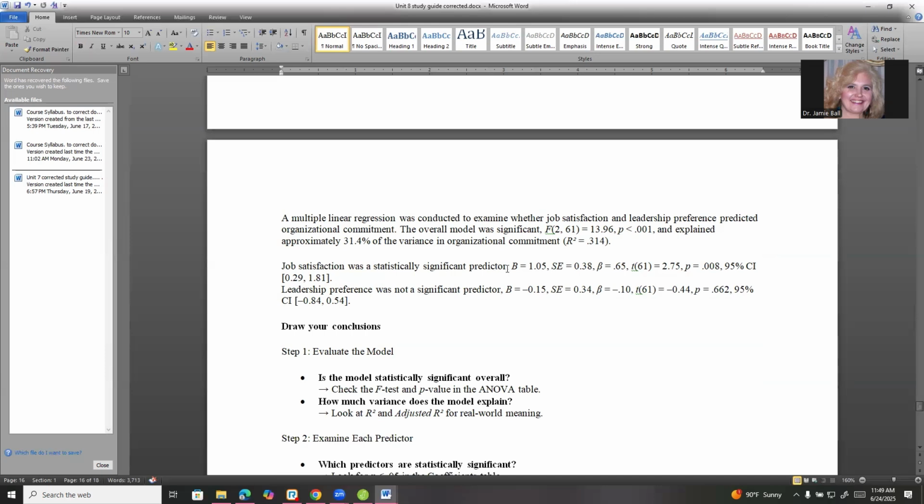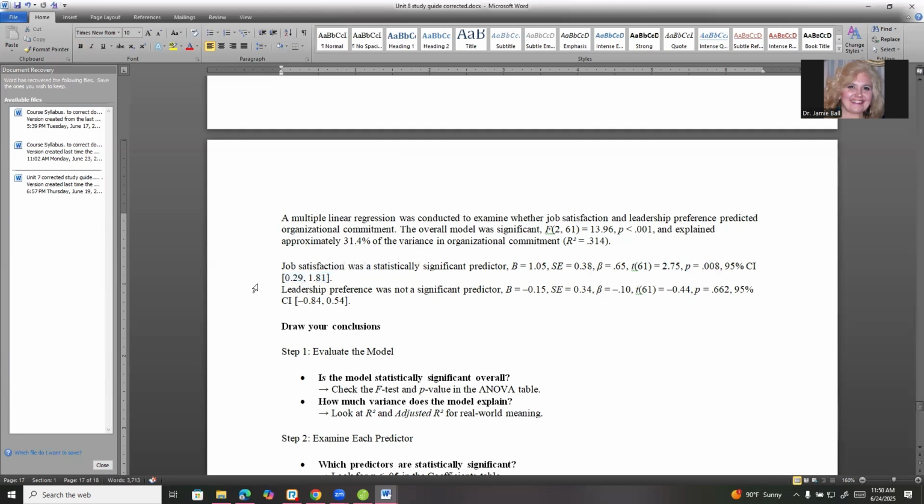Job satisfaction was a statistically significant predictor. Remember the t-test? There it is. That's where I report it, right there. So I'm going to give my unstandardized B, the standard error, and the beta. I report all of those. My t-test right here, and then my confidence intervals.